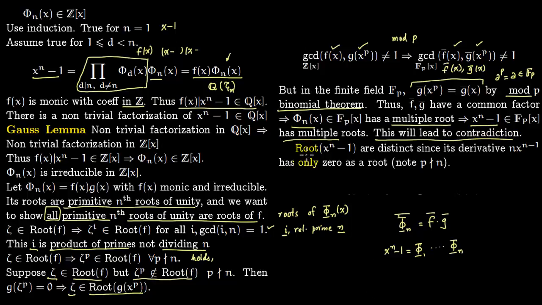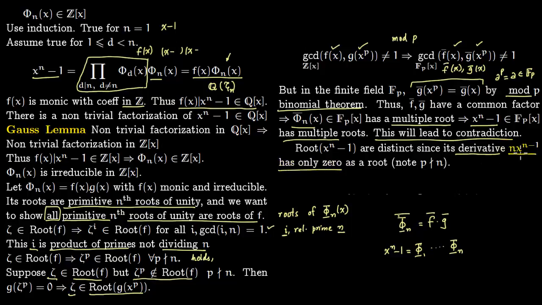So notice that the roots of x^n minus 1 are distinct. All the roots of x^n minus 1 are distinct, and this is precisely because you take the derivative of this, it is n x^(n-1), and this derivative is not 0 because p does not divide n in the finite field. So this is not 0, and you can see the only root of the derivative is 0. So the derivative has only 0 as a root.